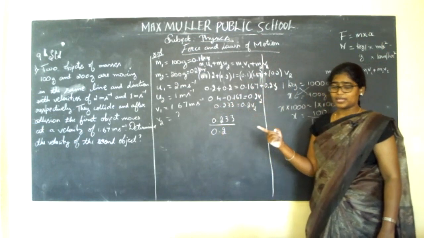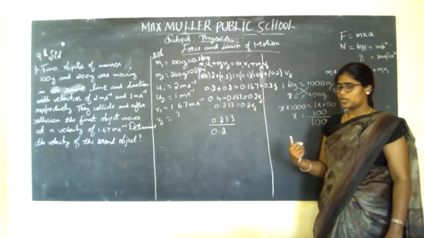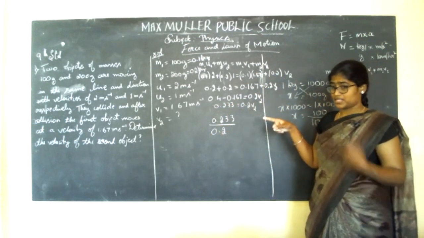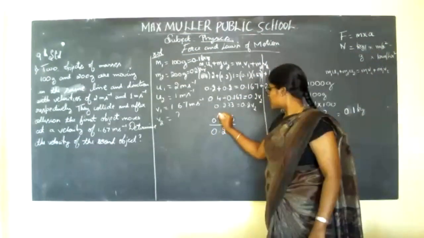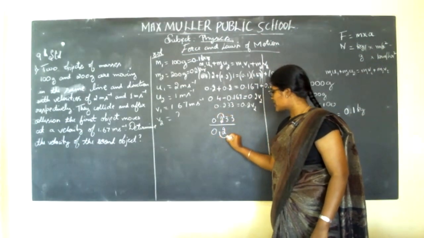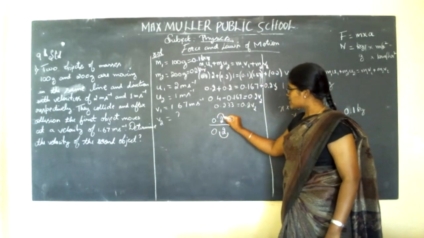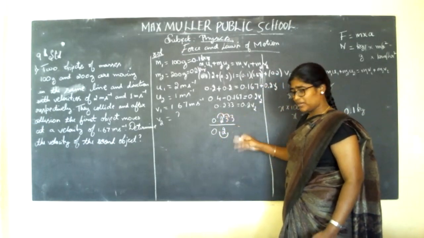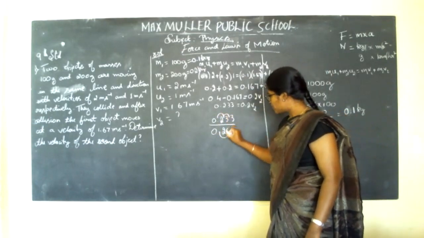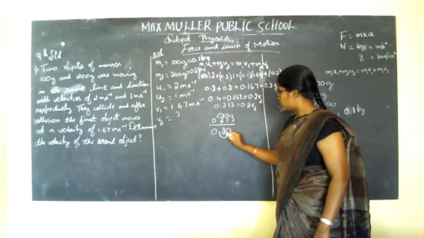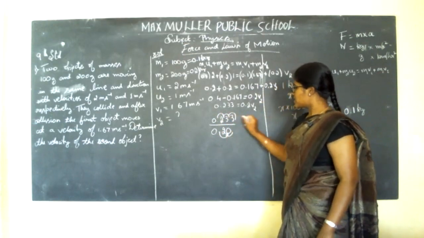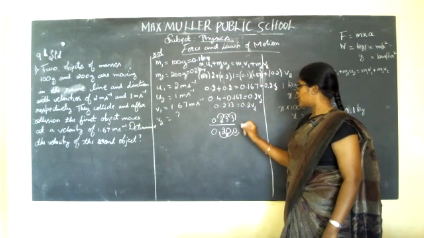Now in the previous class I taught you how to change the decimal place. Now it has come. If it is 1 decimal place, here also change it to 1 decimal place. Here the second decimal place, I do not have any number, so I'll put a 0. Next, another 1 decimal place, another 0. So what will you have?